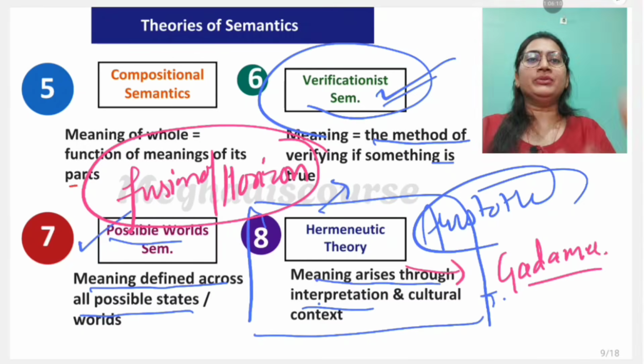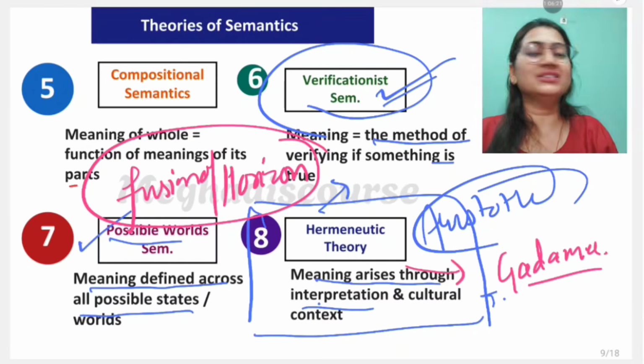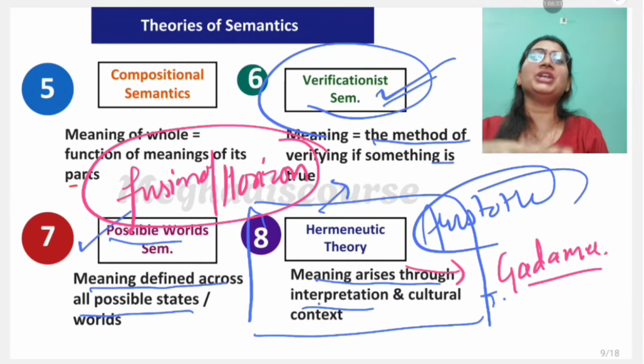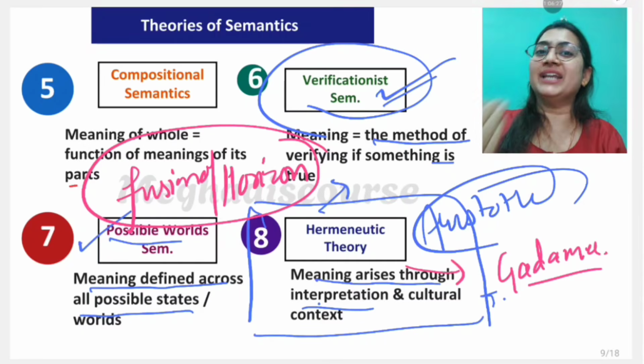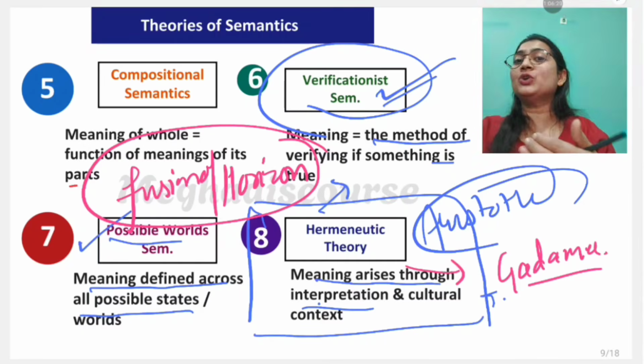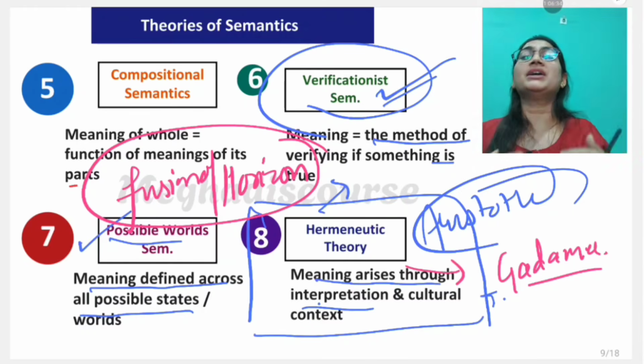I am teaching you linguistics. I am teaching you all these theories, 7 theories, 8 theories. You are studying these theories. What is my horizon? That I am giving you exactly what the theorist says. I am explaining it in a simplified manner so that you can get the idea. If you are understanding, it means my purpose and your purpose have become one. And it means this video is a big hit.